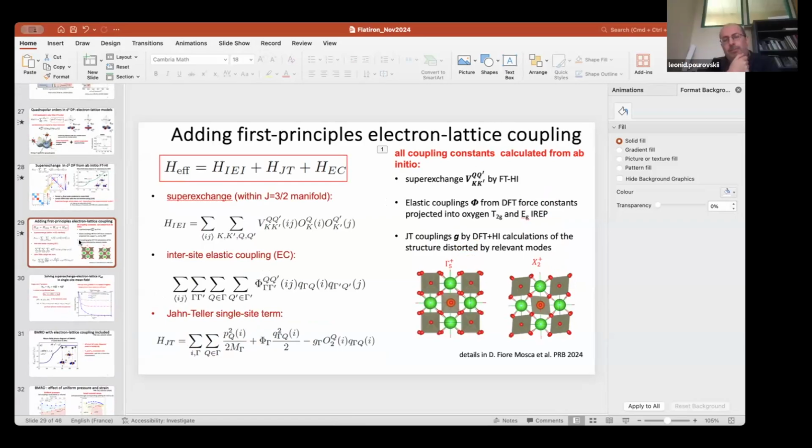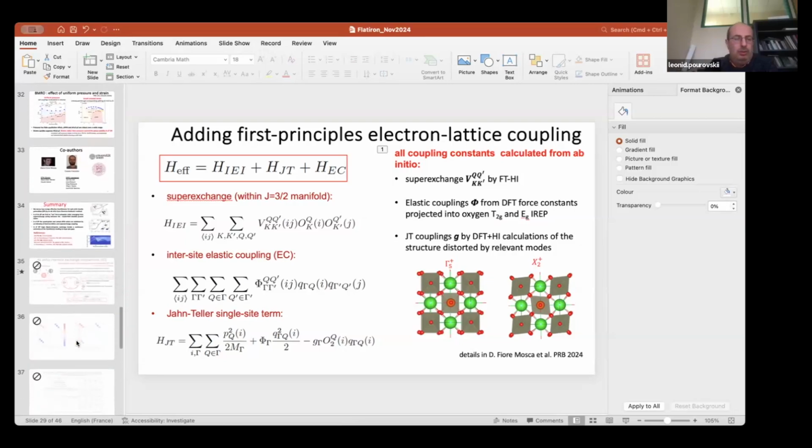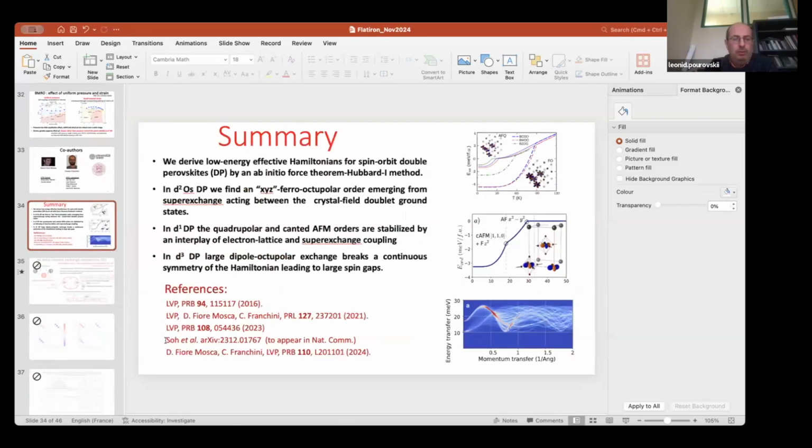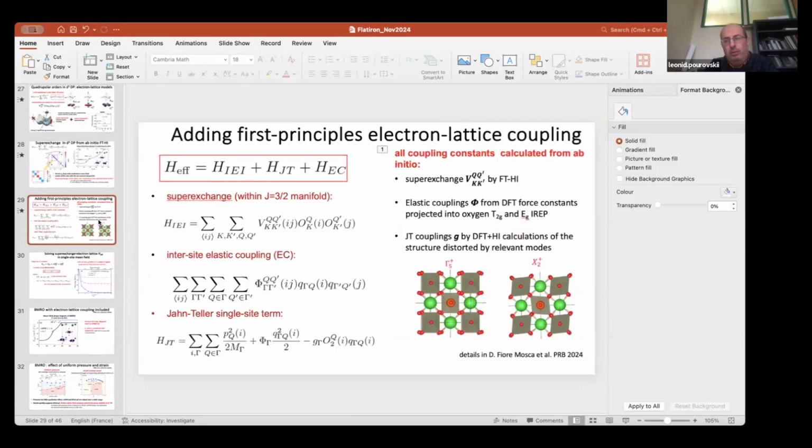Well, we calculated it from DFT plus Hubbard 1, but in other work, which I also mentioned here, our collaborators Max Merkley and Claude Ederer calculated it from DFT. From DFT plus Hubbard 1, it's very easy to get them because you just look at the splitting of the relevant J3 half, and you can get this coupling constant directly for the J3 half ground state.